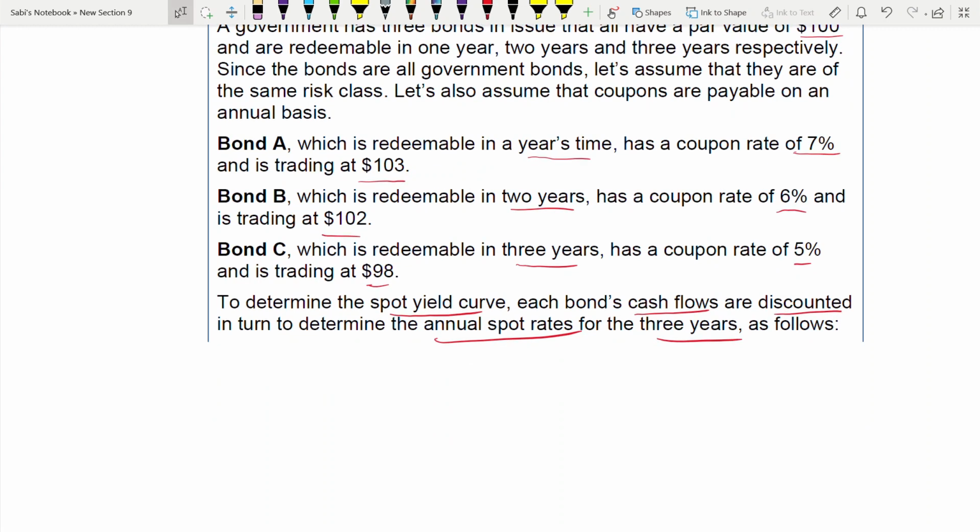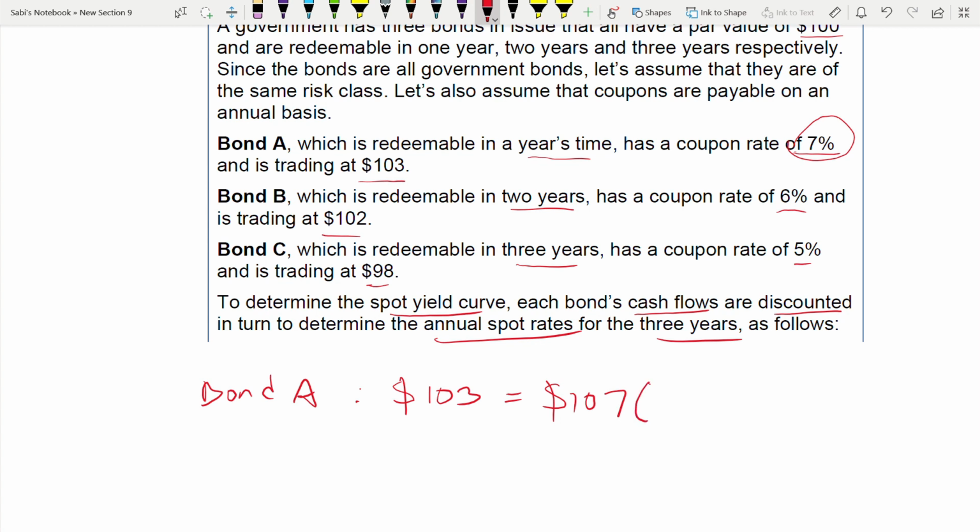Okay. Bond A is the easiest. So bond A, what is bond A? It is trading at 103. Correct? And at a coupon of 7%, that means 100 par value plus the 7%, so 107.